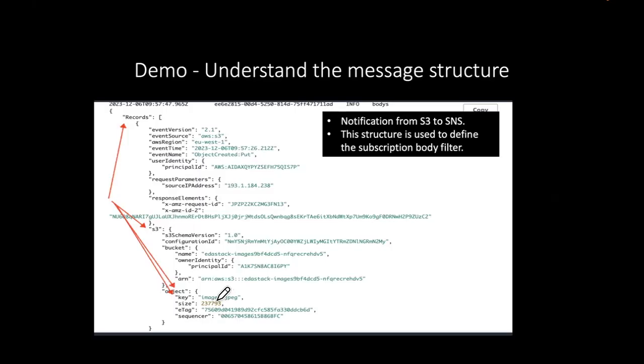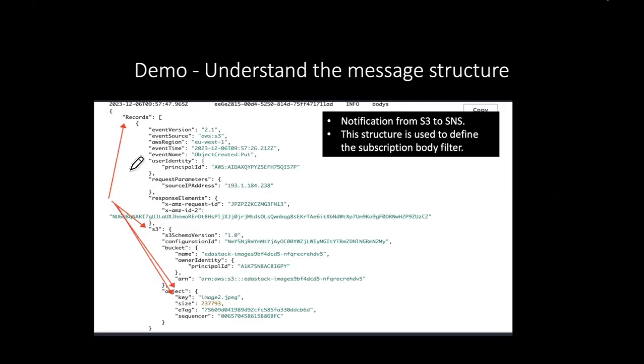So I've got to tell SNS that go look for the records property, then go look for S3, then go look for object, then go look for key, and then do the filtering based on the value assigned to that key property, the property called key.